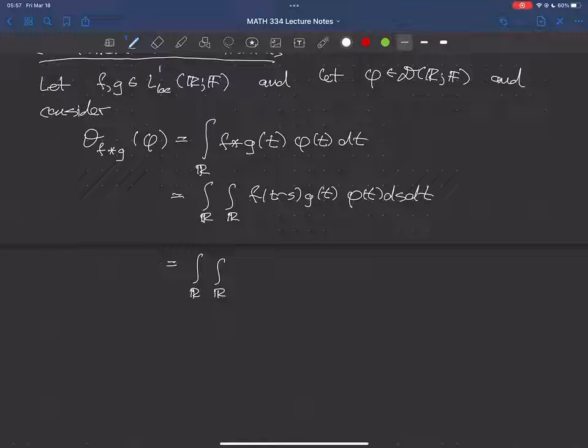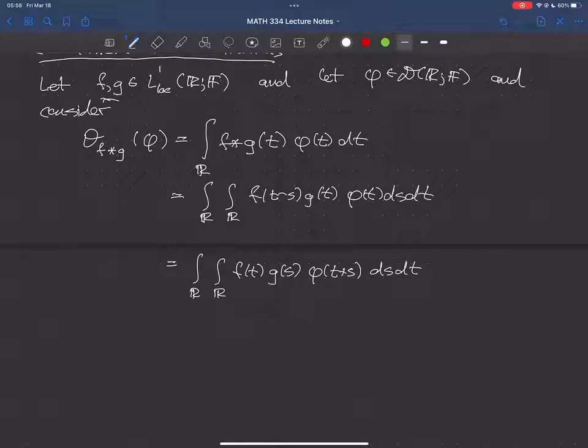You have to verify that this integrand, as a function of the two variables s and t, satisfies the conditions of Fubini's theorem. We're assuming that f and g is convolvable, and that's enough to do that. After you do all of that, what you get is f of t, g of s, phi of t plus s, ds dt.